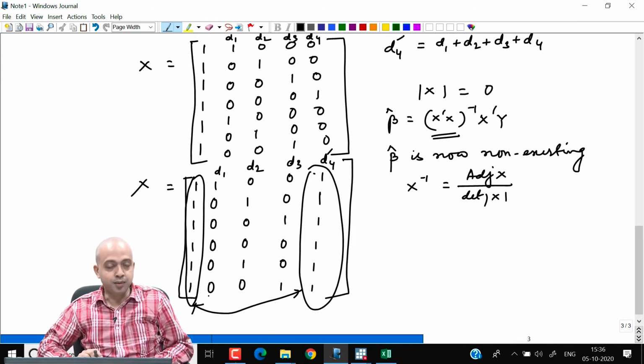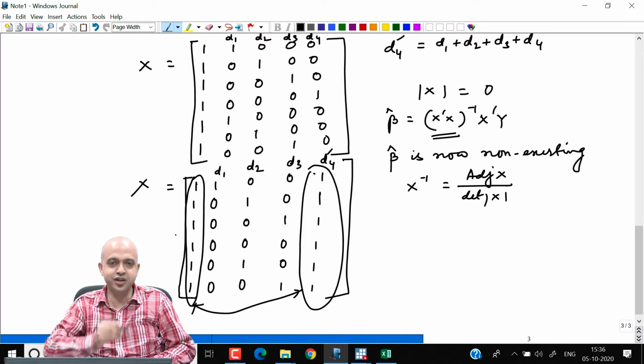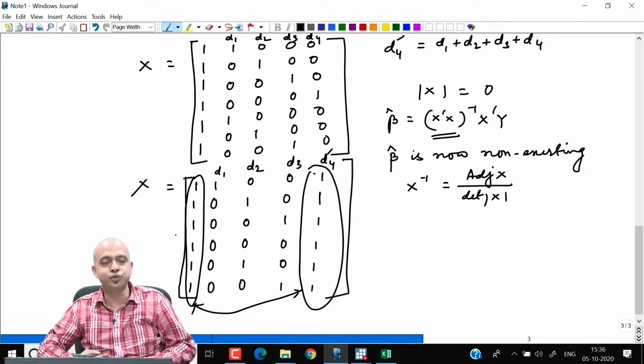The moment you introduce 4 dummies for 4 categories, while estimating the model, you need to ask Stata that you don't want the intercept to be included in your model. And if you remove the intercept, then there is absolutely no problem in estimation.